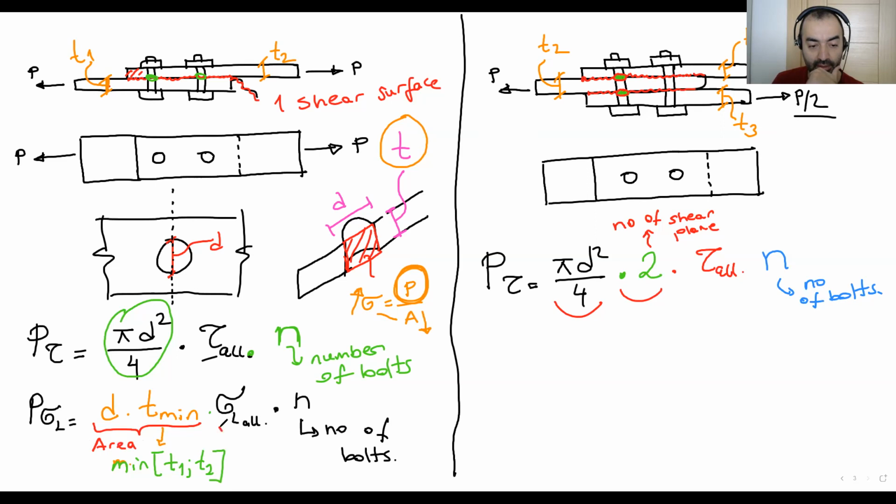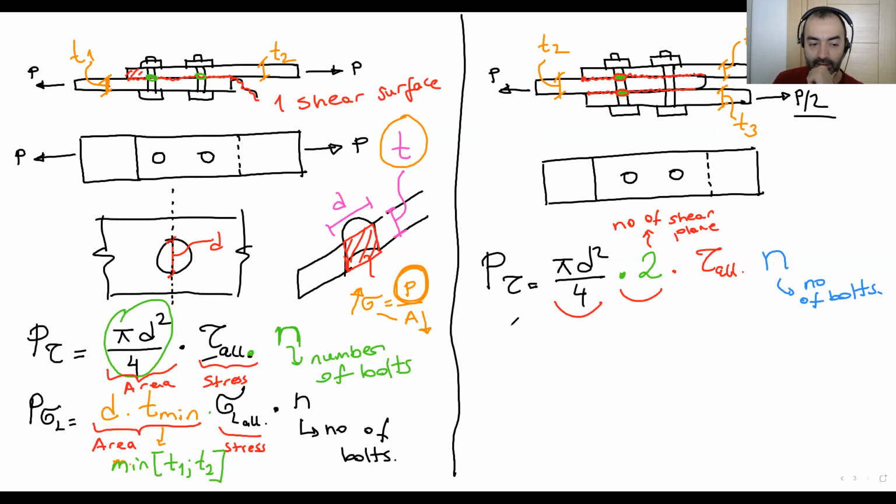Area times stress gives us the force for one bolt, times the number of bolts. If I have 10 bolts, times 10. I have 5 times 5, whatever. Here it's the same for above. This is area. This is stress. This portion gives us the force times the number of bolts.